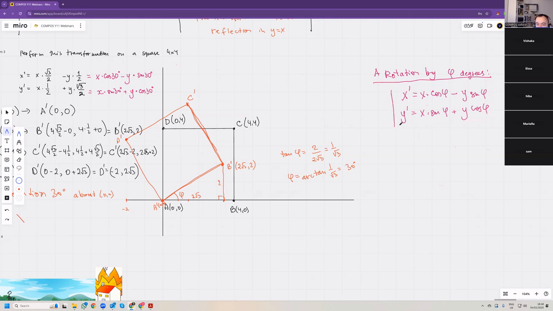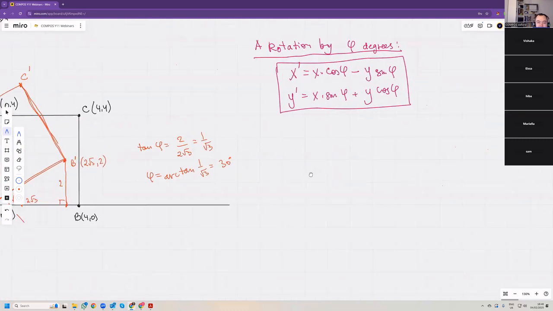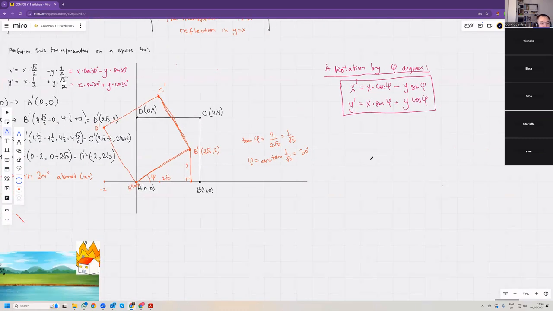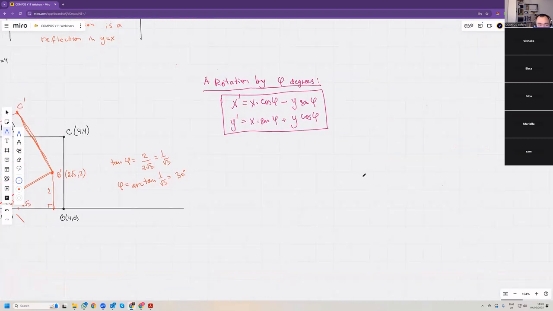Now in the assignment, you're asked to perform 2 rotations. So imagine you do one rotation and then you do another rotation. Let's do an example.